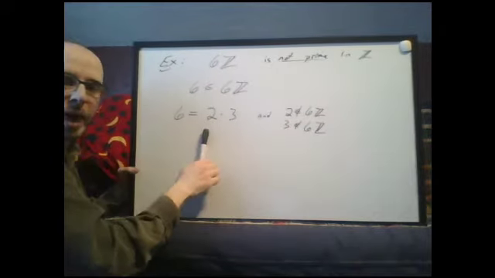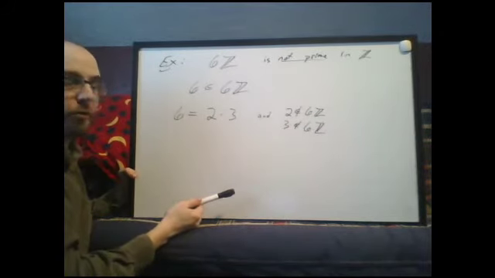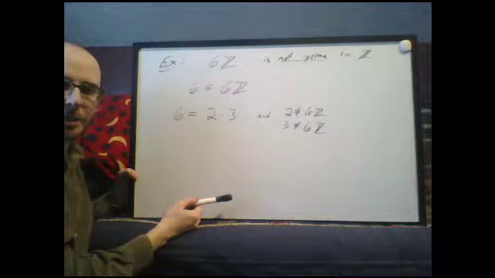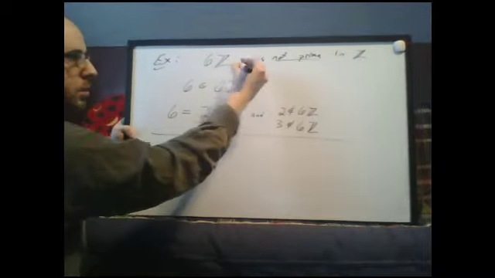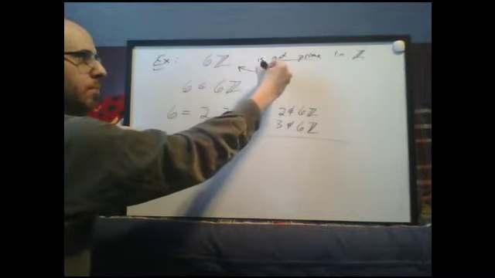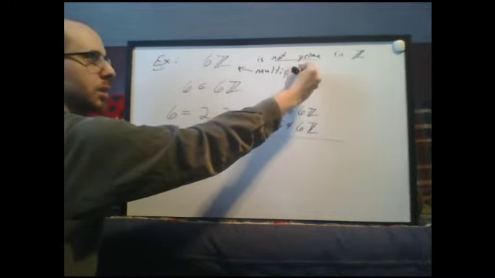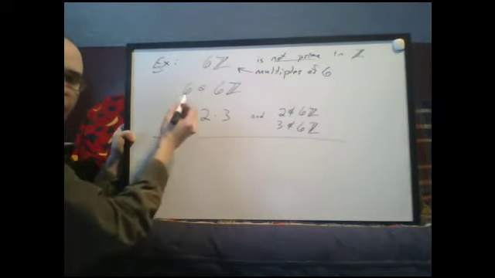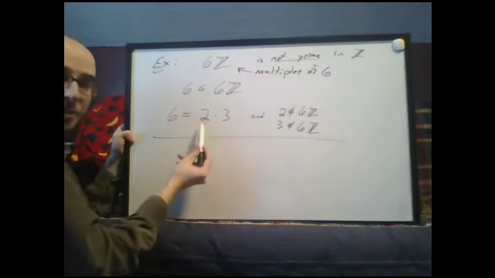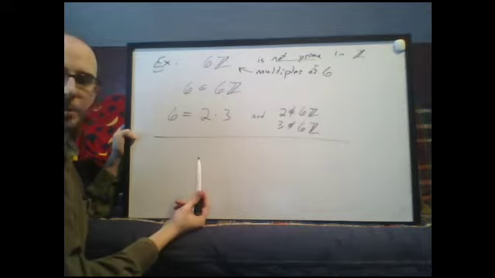So 6 factors as a product of things that are not in the ideal. This is the set of multiples of 6. So 6 is a multiple of 6, but it factors as a product of things that are not multiples of 6.